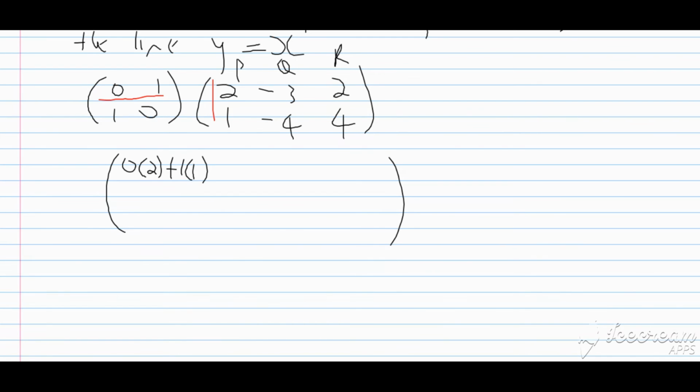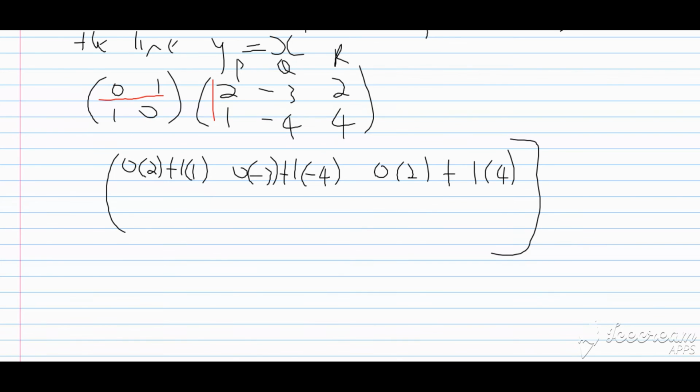Then row 1 again times column 2, which is 0 times negative 3 plus 1 times negative 4. Then I'm going to move to row 1 again, but this time multiply row 1 by column 3. So I'm going to have 0 times 2 plus 1 times 4. We finished with row 1. We're going to move to row 2. So row 2 again is going to multiply column 1.